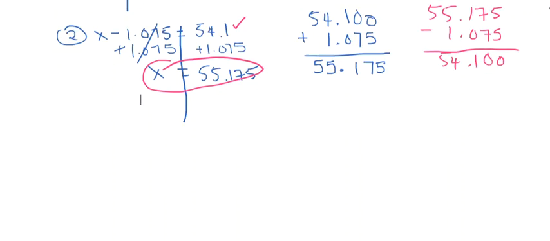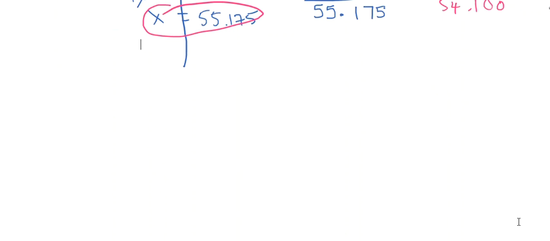Let's do another example problem. This time, let's go even harder. What I mean by that is let's step it up to fractions. Number 3, fractions. So x minus 2 1/2 equals 4 2/5.